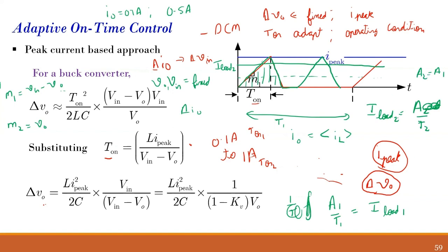For I load 2 and I load 1, the area under the curve does not change because V in and V output remain the same. But the time period changes. The time period is the one which makes a difference. That time also T on is constant.